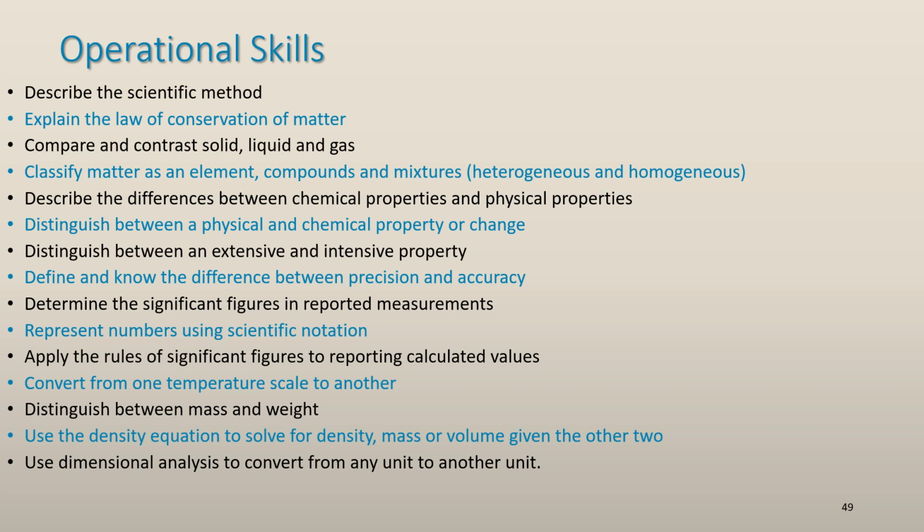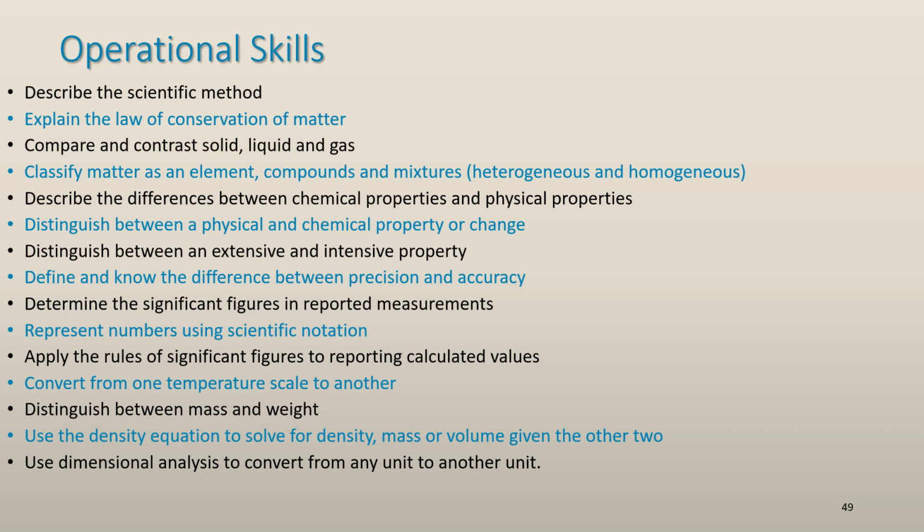Be able to figure out the correct number of significant figures. Be able to use scientific notation to represent them if you need to, or be able to read scientific notation. That's not really in this chapter, but you already have to know how to do that to be in this class. If you need help with that, let me know. Be able to apply the rules of significant figures to report the correct value in the end.